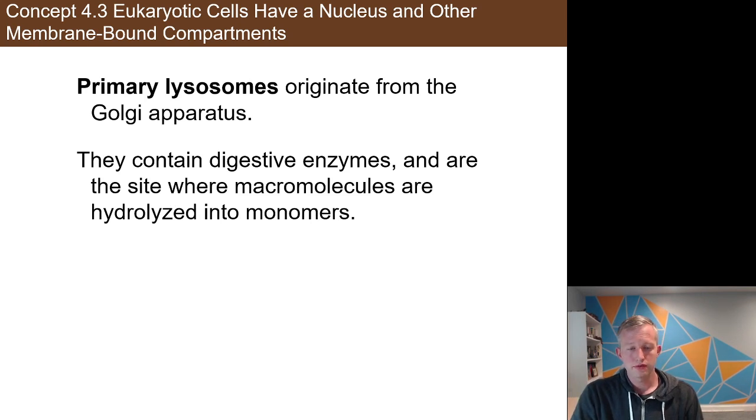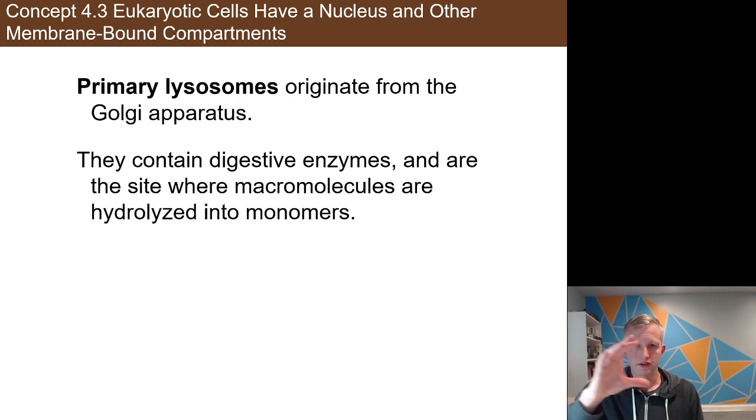Primary lysosomes originate from the Golgi. So when we talk about how all of these different organelles are made out of the same types of membranes, it kind of comes together and makes sense. I gotta go back because I don't know if I said that right: all the different organelles are made out of the same phospholipid membranes, not the same proteins.